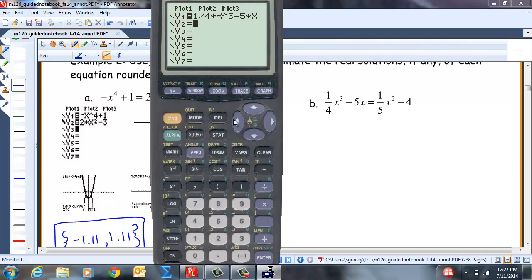Enter. And I'm just going to leave the width of the lines alone this time so we can see the intersection points better. And the second one is 1/5 times x squared minus 4.